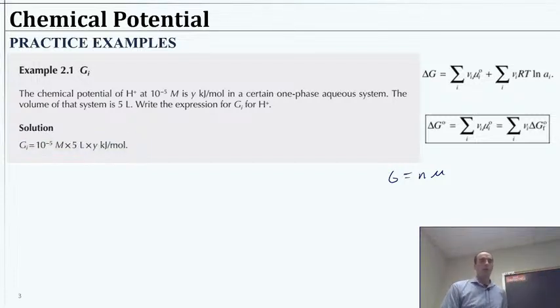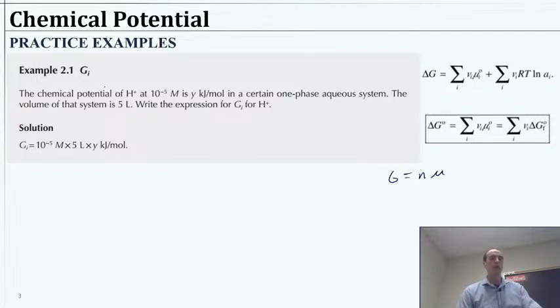So when we reveal it here, that'll be 10 to the minus 5 moles per liter, that capital M is moles per liter, times 5 liters, times Y, that energy value, the mu, right?